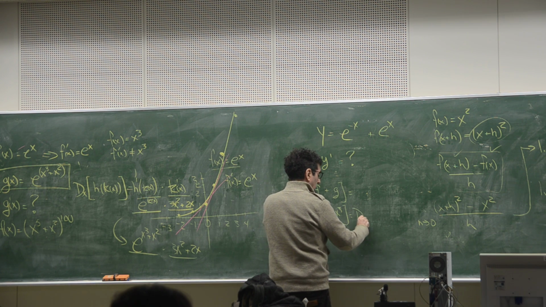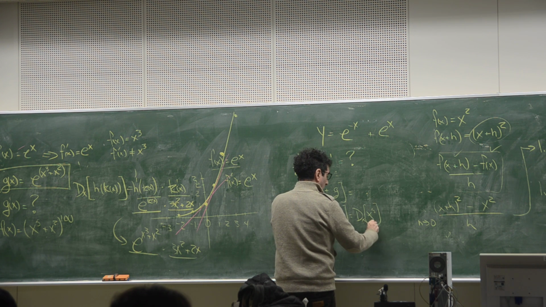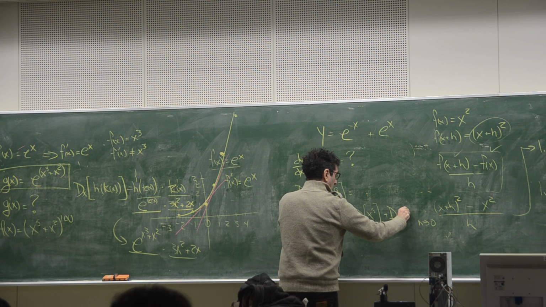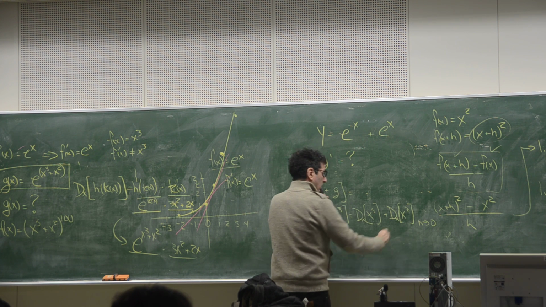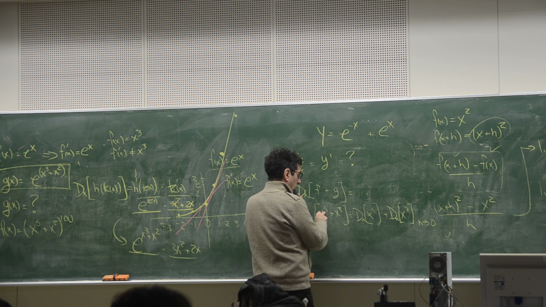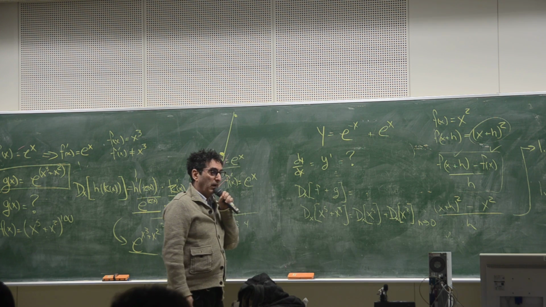The derivative of x to the fifth plus the derivative of x to the third, right? That's a rule, right? So it's 5x to the fourth plus 3x to the second.